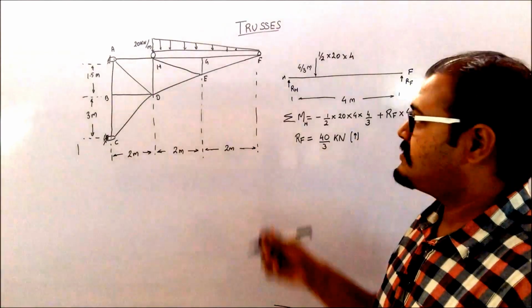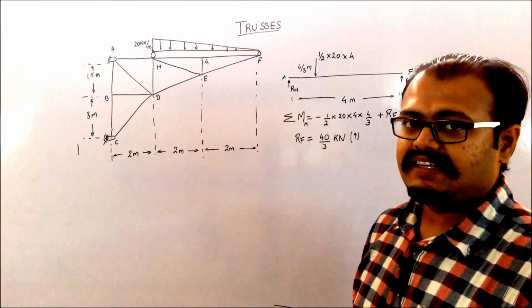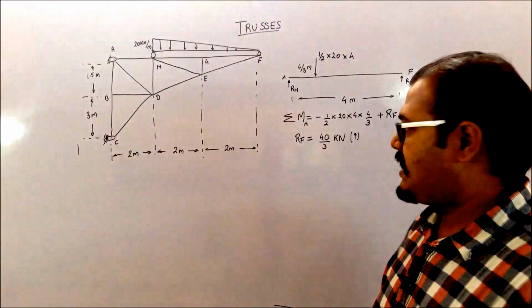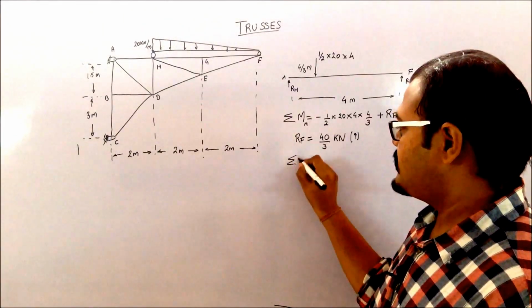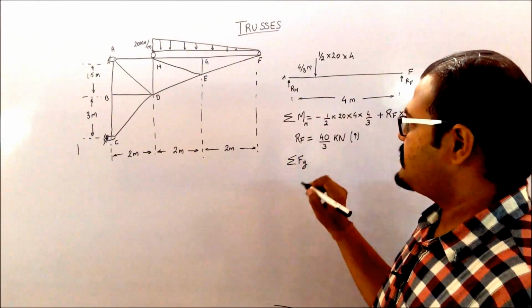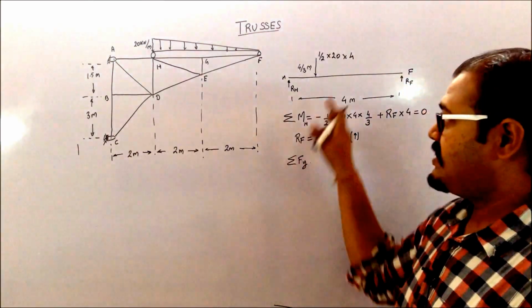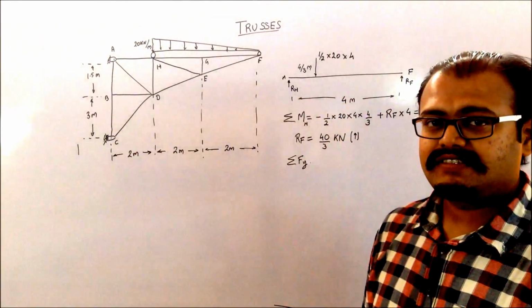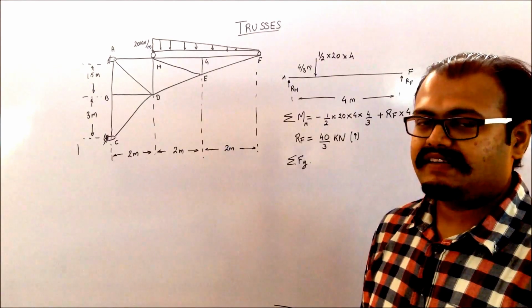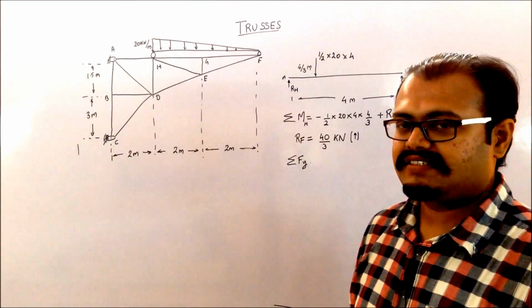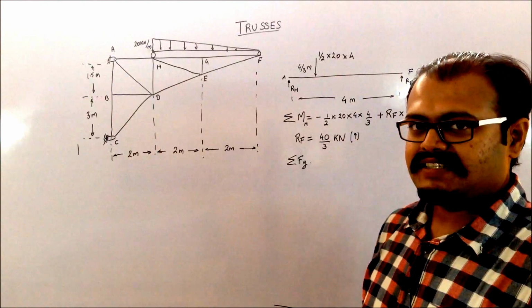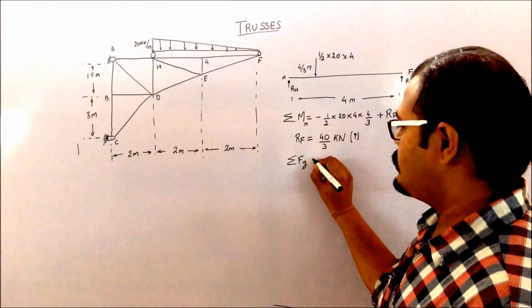Now for the other one, I have to find what my RH is going to be. So for RH I can take up summation Fy. If you observe, there are no forces which are going along x, so we won't be considering summation Fx. So we will be having only summation Fy as my equation.